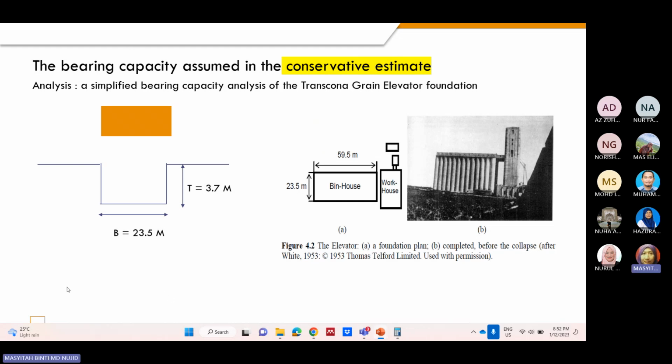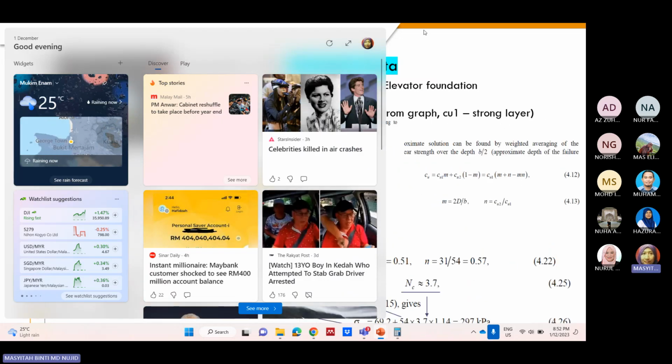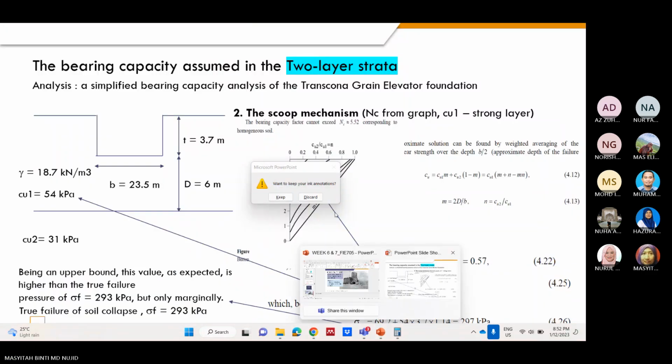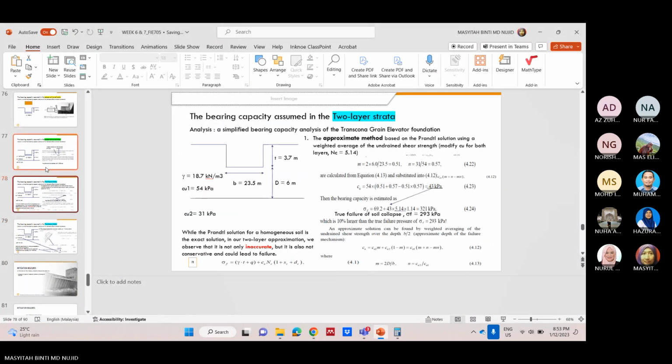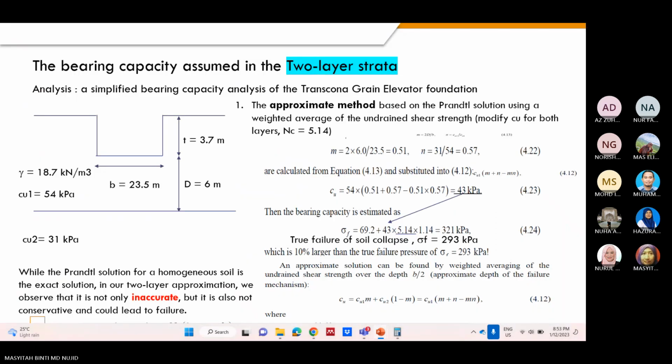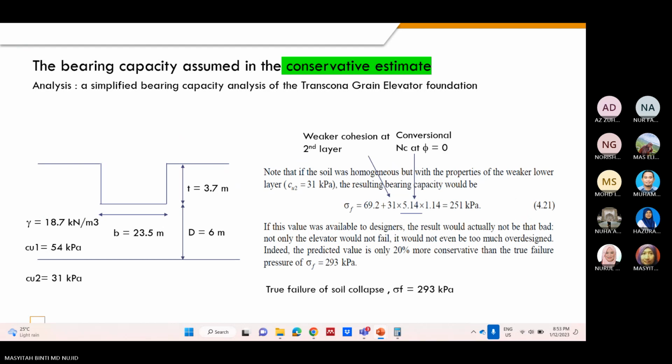Okay, the other way is that kalau kata kita menggunakan kaedah conservative analysis. Okay, for conservative estimate, let's say that we analyze it in the first one as the first layer Cu is 54 kPa and then the second layer Cu is 31 kPa.